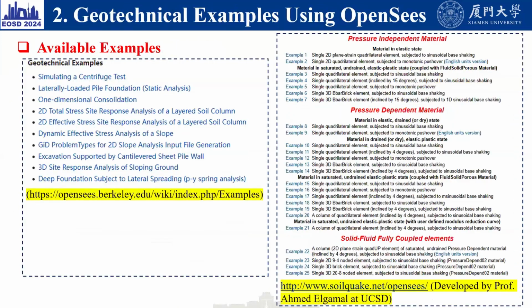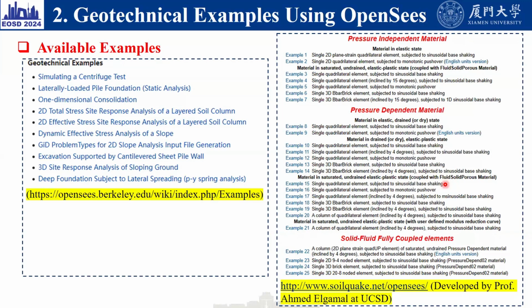Okay, so above is the OpenSees soil models and elements. Next, I will introduce several practical applications using OpenSees. There are a lot of available examples on the OpenSees Berkeley website, like simulating a centrifuge test, lateral load pile foundation, one-dimensional consolidation, 2D site response, and deep foundation subject to liquefaction.